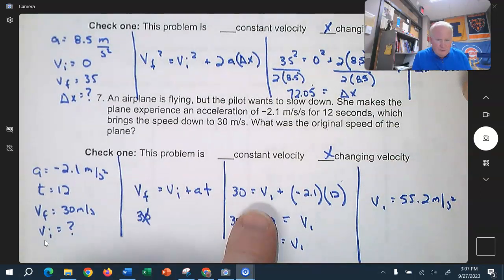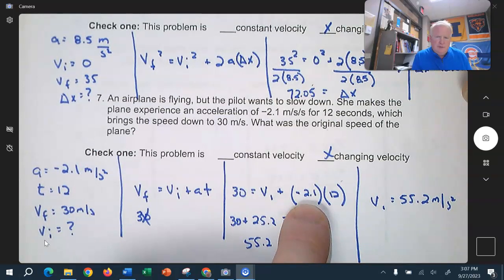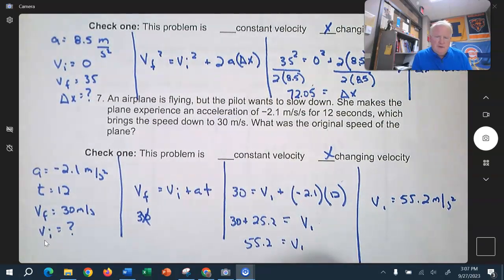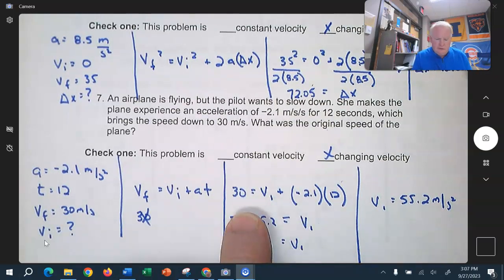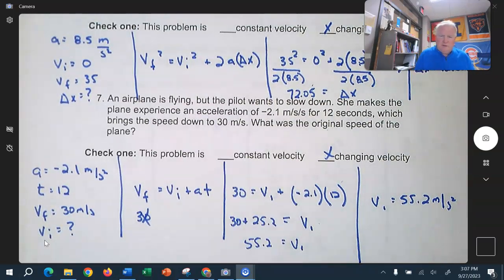Okay, so now I'm going to plug in the numbers. VF is 30, that's what they gave us. VI was the one they're asking us to find. Plus negative 2.1 is the acceleration, and then 12. Whenever we're doing algebra, the first step is always to try to make things easier on ourselves.